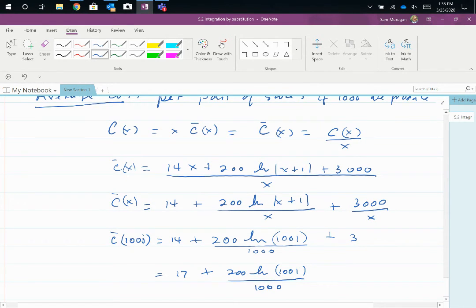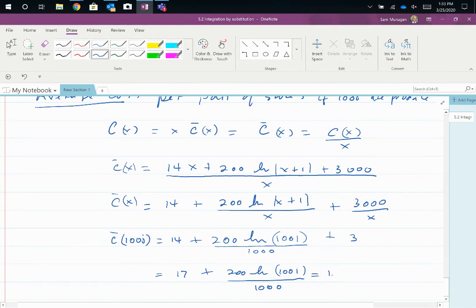So I'm going to my calculator. This is 200 ln 1001 divided by 1000.